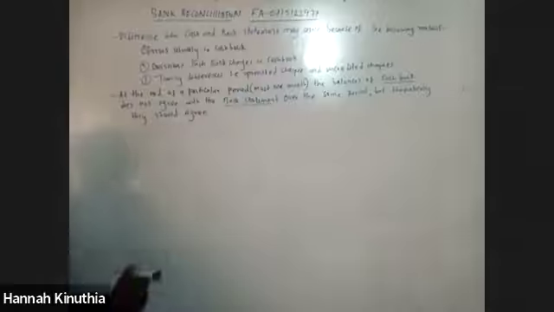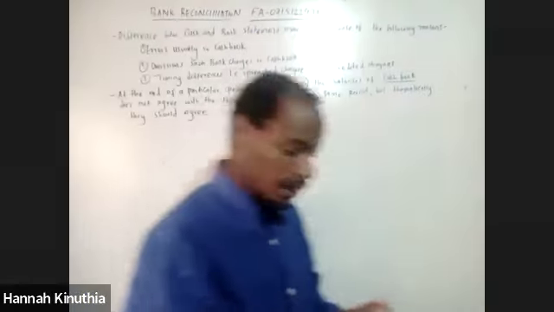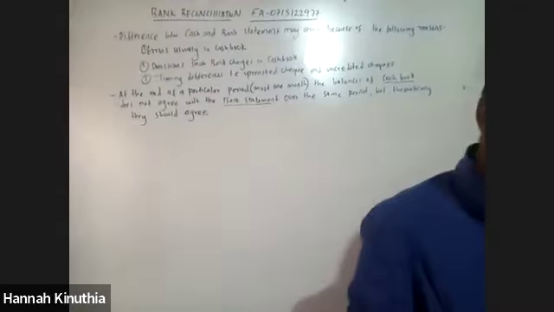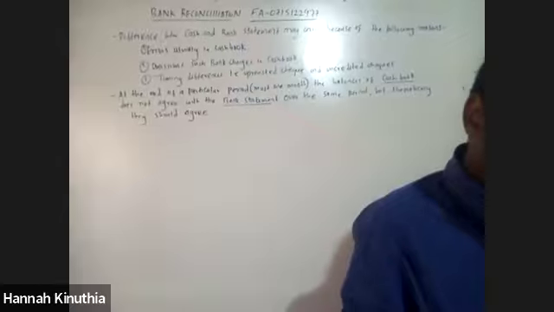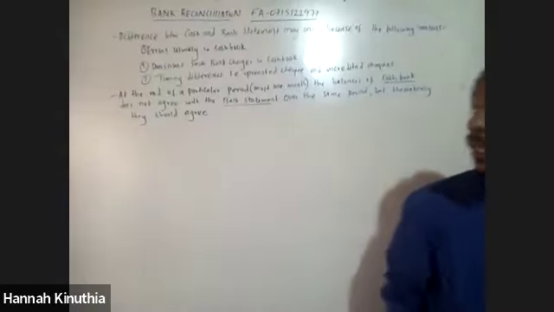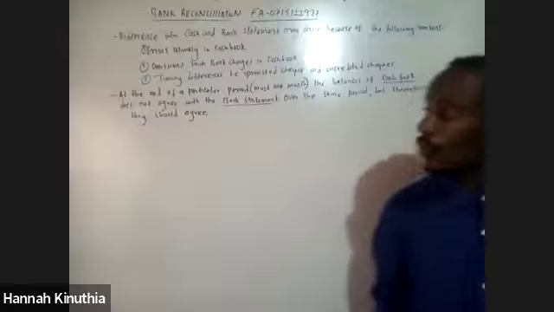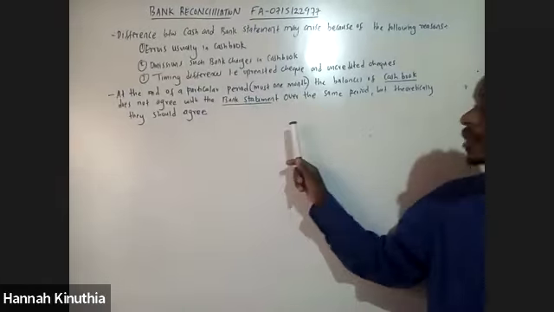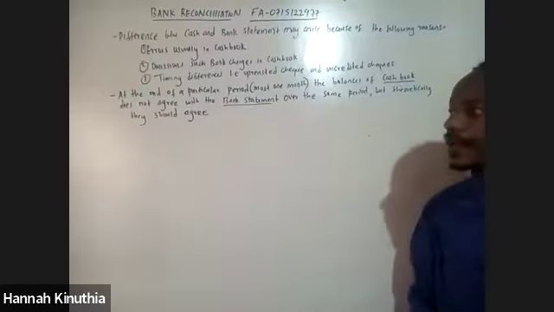So in most situations, you find that the cash book and the bank statement are not agreeing. But when we look at it in a theoretical scenario, it should agree. So theoretically, the balances of the bank statement and the balances of the cash book must always agree.